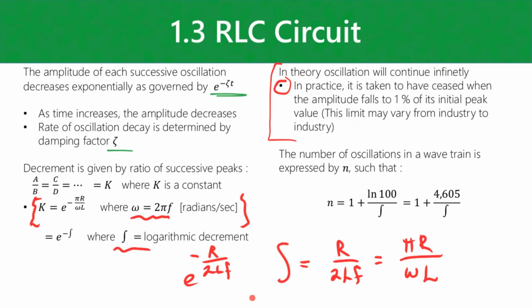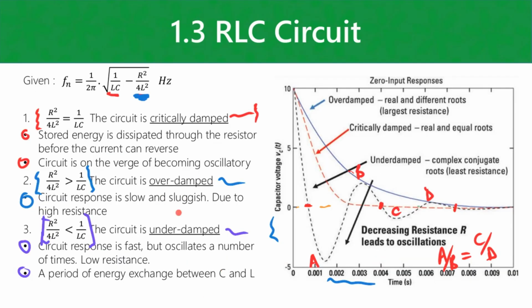guideline here. So if, for instance, there should be a peak E here, and peak D is 1% of the value here, then after peak D we can consider the response to be in steady state.